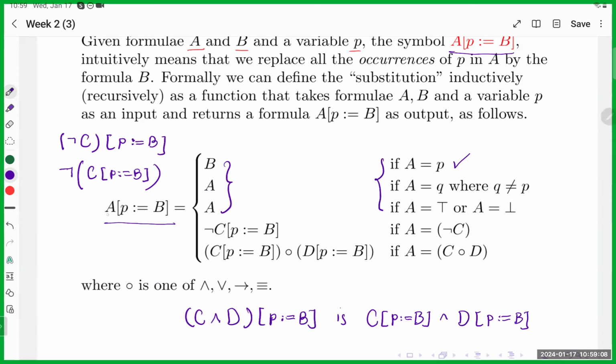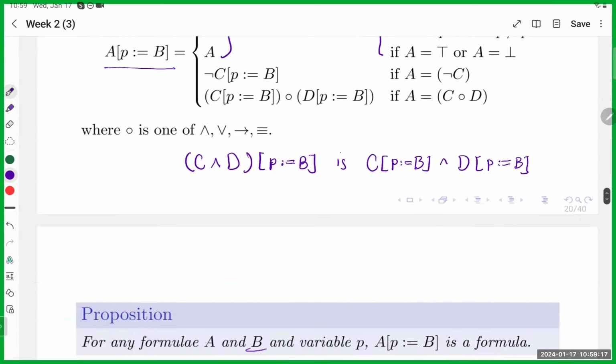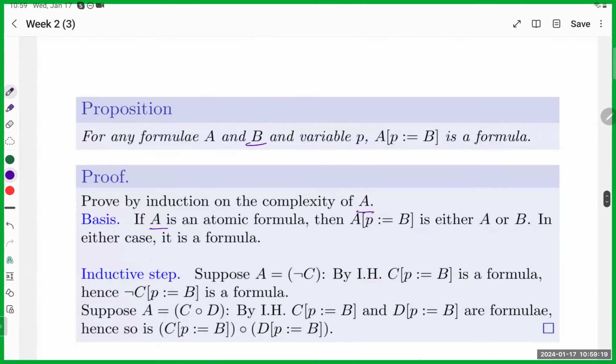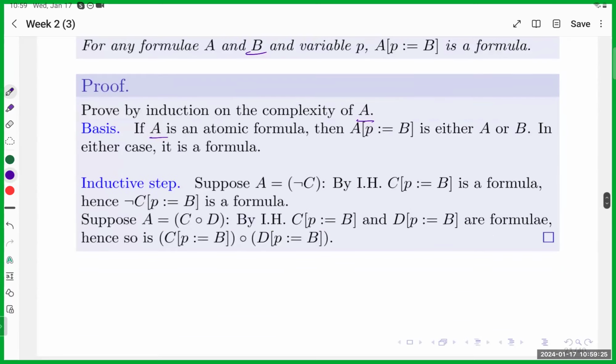The substitution is either A or B. And we started with formulas A and B. So the substitution is a formula itself because it's either A or B. So that takes care of the atomic case.